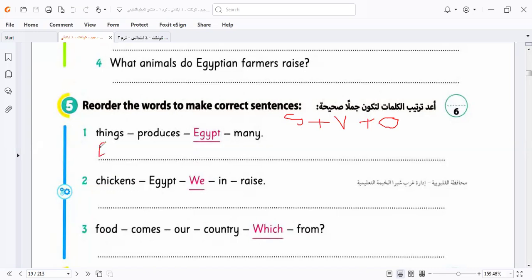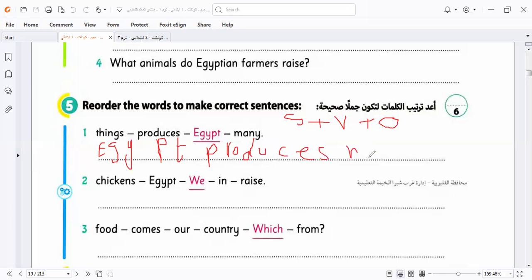Here we have Egypt. Egypt here is the subject. After I put a subject, what's the second thing that I search for? I search for the verb, which will be produces. So Egypt produces many things. Egypt produces many things.